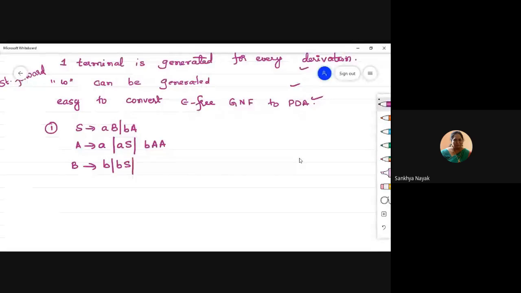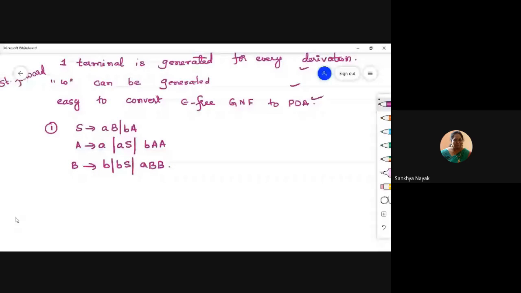Is this in Greibach normal form? Please answer in the chat section. Hello, I'm waiting. Is this in Greibach normal form or not?